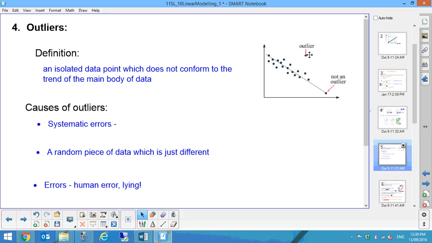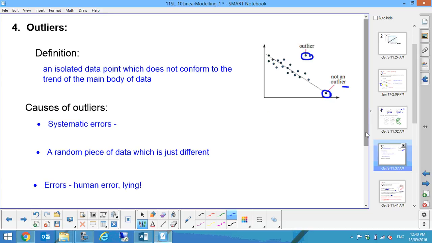But here we've got two points that are a long way from the other points. In this case, it's a long way from the rest, but it follows the trend of the data, so we don't call it an outlier. Whereas this point is a long way from the data, and it doesn't conform to the trend of the data. So that one we do call an outlier.